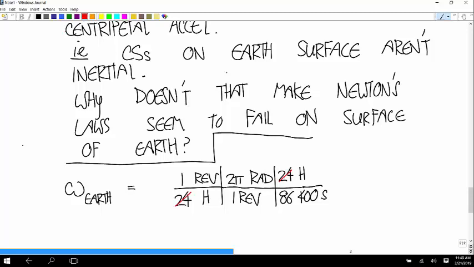Can someone punch that into a calculator? 2 pi over 86,400. Give it to me in scientific notation. Well, any notation is fine. Pi over 43,200.